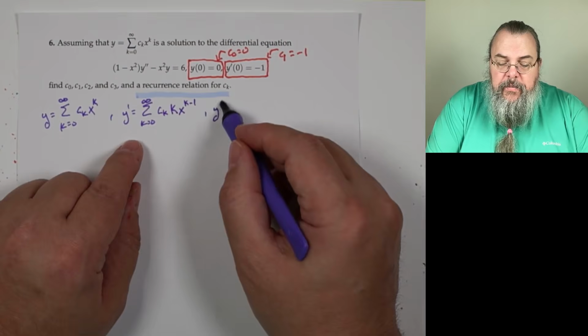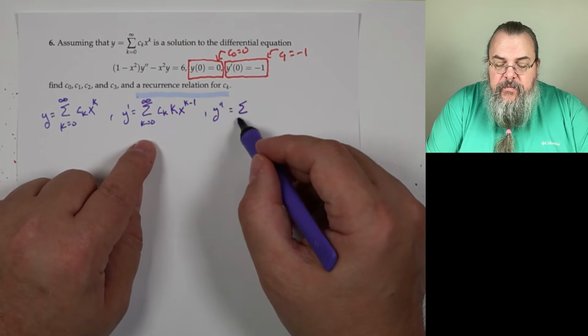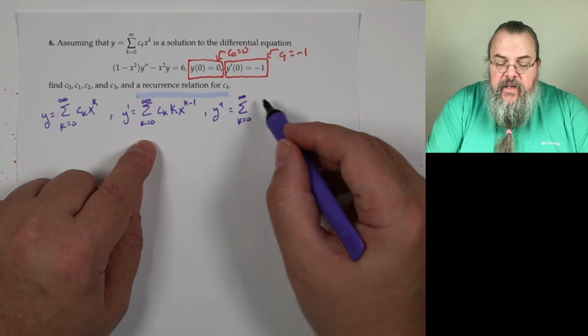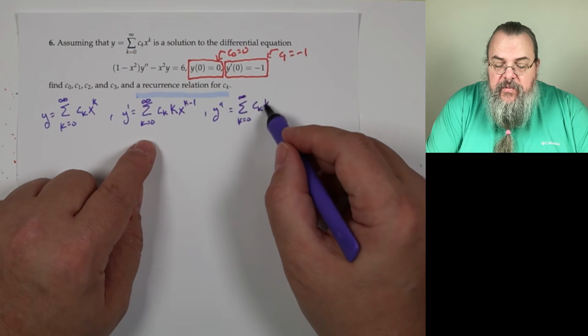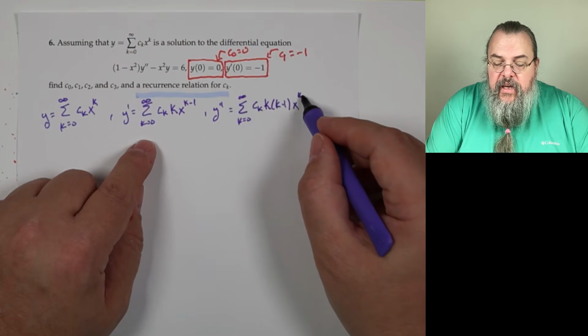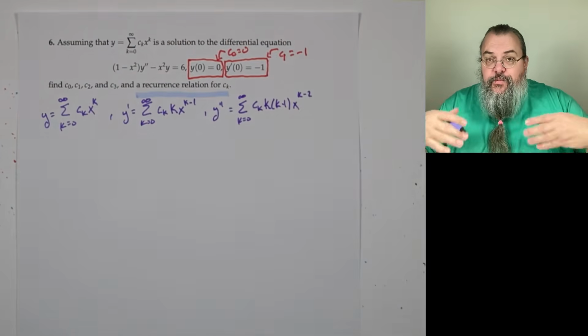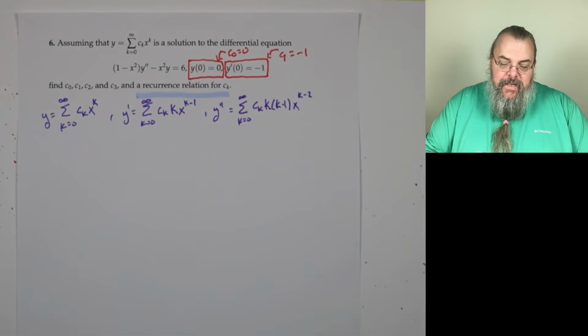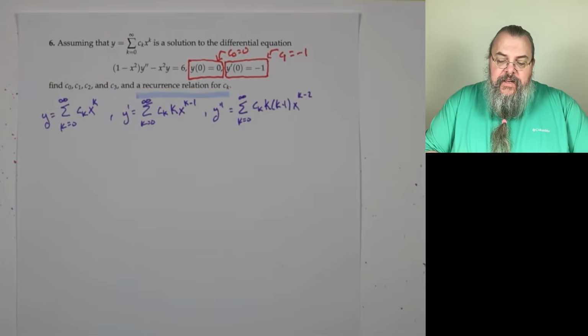And y double prime, that's going to be our sum k equals 0 to infinity of ck times k times k minus 1 x to the k minus 2. Right? Just term by term. Okay, so that's our idea.